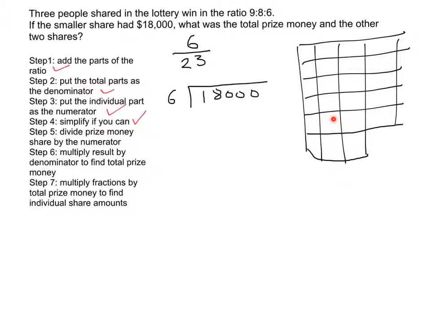We've got 23 squares here. So these 23 squares represent the number 23 here, the denominator. Okay, so now I'm going to shade the numerator, which is number 6. Remember, the numerator is a portion of the whole. So this is the whole, that's why 23 is the denominator. And I'm going to just highlight 6 squares.